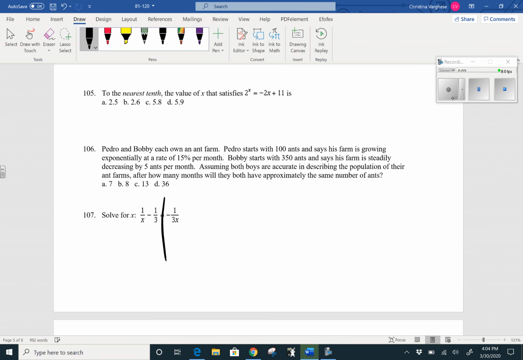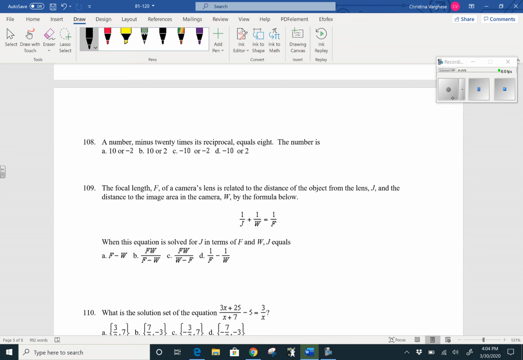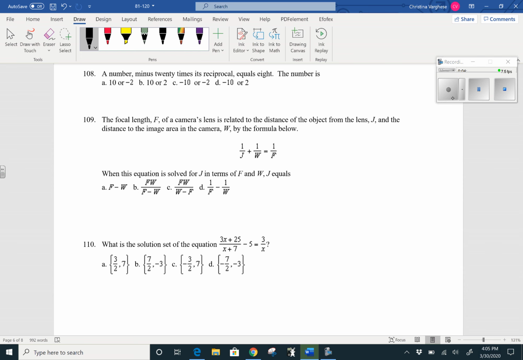107, you could even do this on the calculator by plugging this under y1, plugging this under y2, and seeing where they're equal. I'm probably going to walk through this algebraically as well, but you should know how to do this algebraically. This one is translating to math and then solving. This one you can do using the formula that they give you and getting the j by itself.